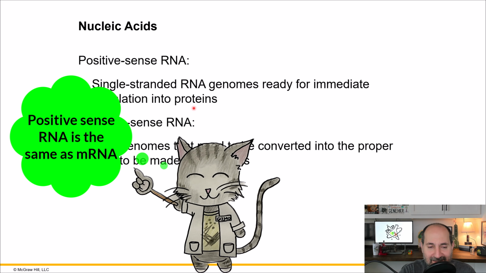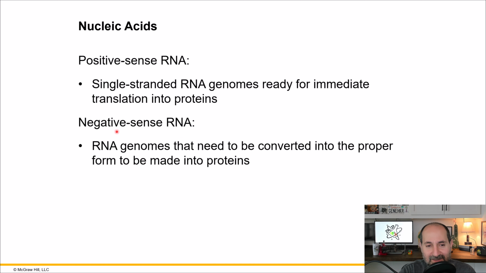It's the same sense as mRNA, whereas negative sense RNA genomes cannot be immediately translated to protein because they are not the same sense as mRNA, and they need to be copied into positive sense RNA before they can be translated.